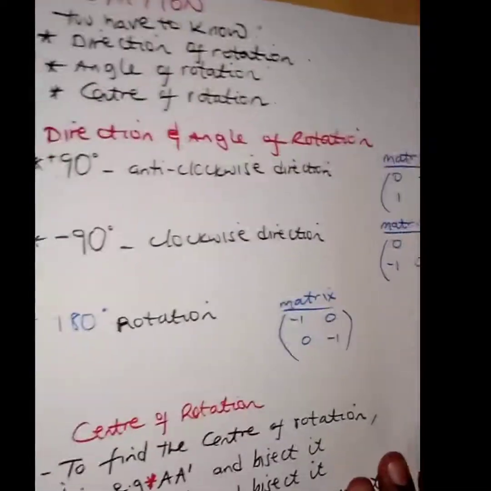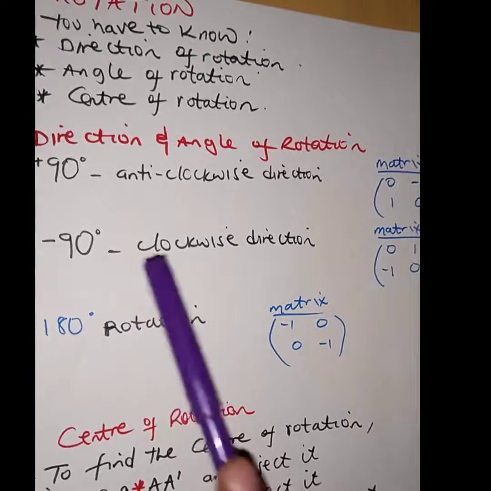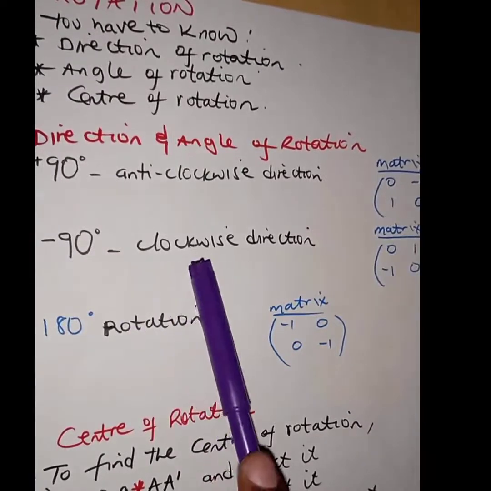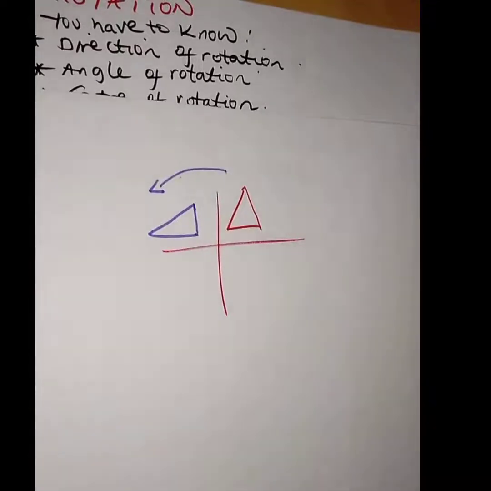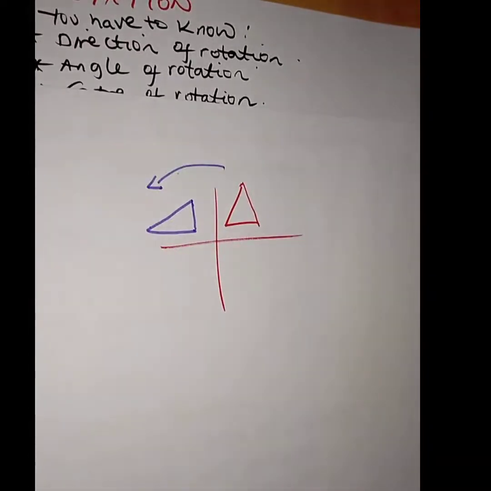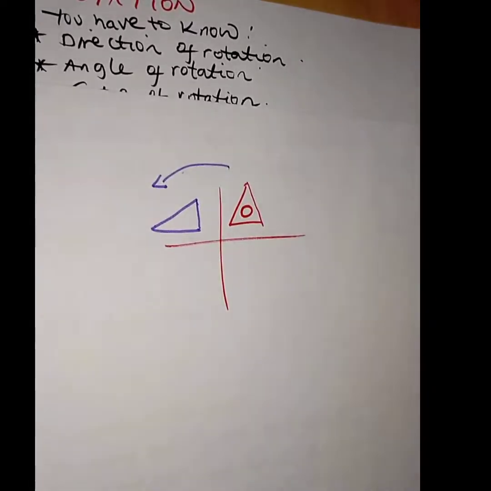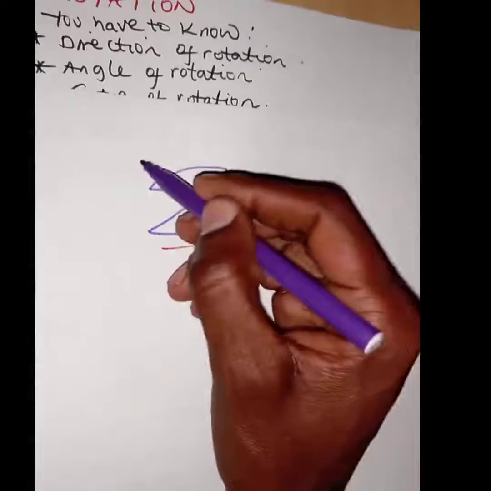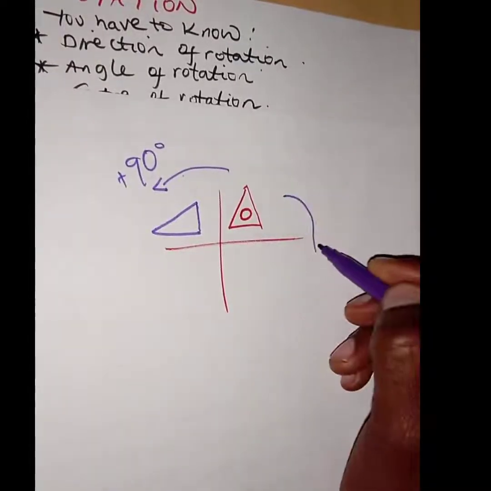Then, when it is -90 degrees, it means the object will move in a clockwise direction. So here, if this is the object, let it move in a clockwise direction, and we call it -90 degrees. So going this way was +90 degrees. What about going that way?